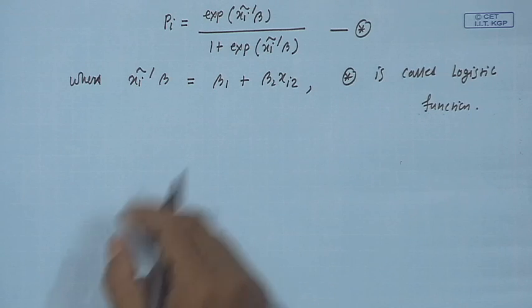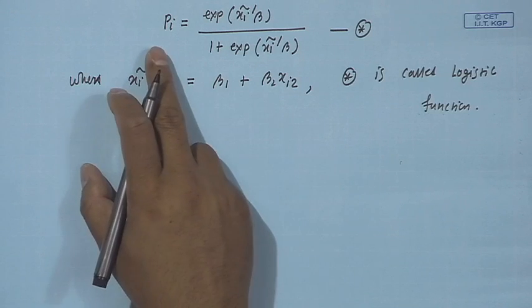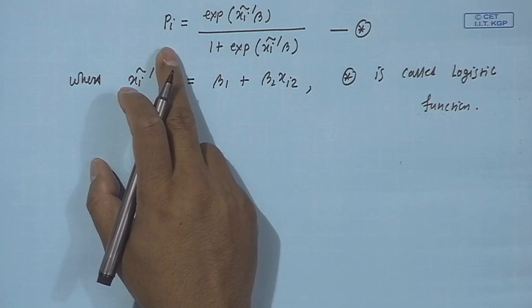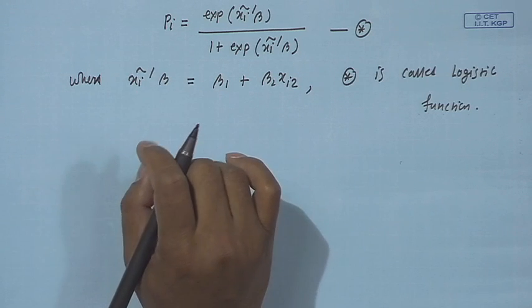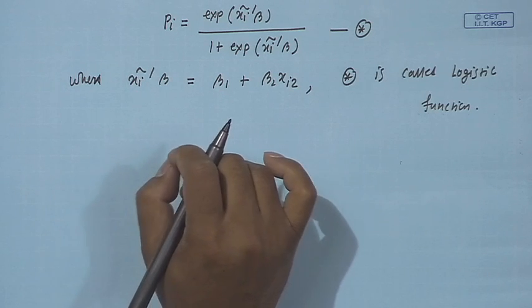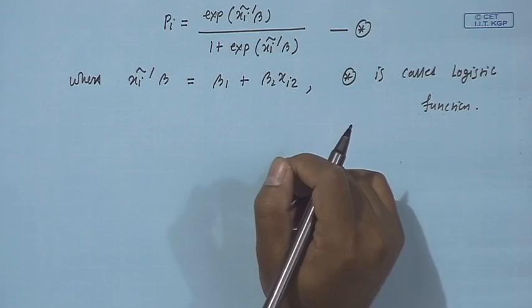Now, this is the model we have to fit when the response variable is binomial. So, the model we got is that the expectation of y_i, which is equal to p_i, is equal to exponential of x_i prime beta by 1 plus exponential of x_i prime beta. So, we have the model, and then how do we fit the model?